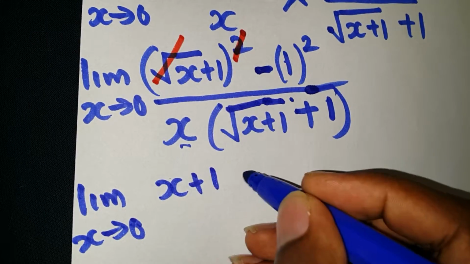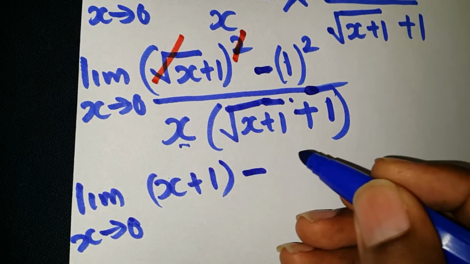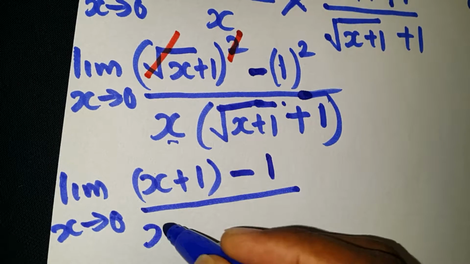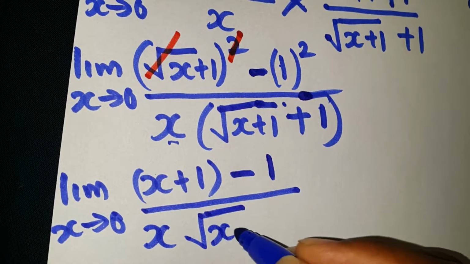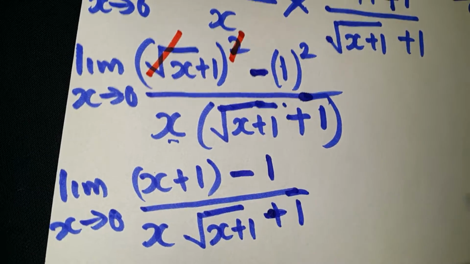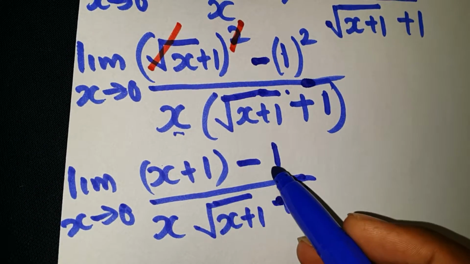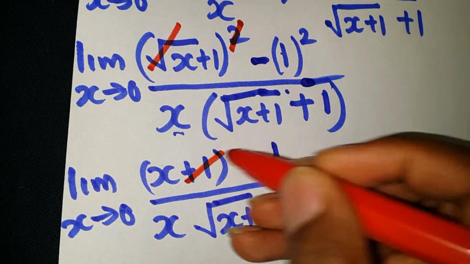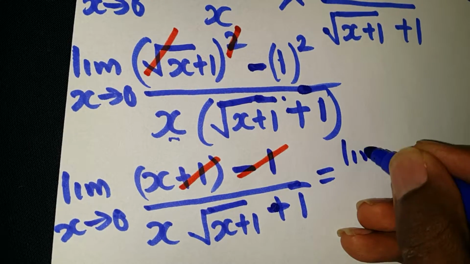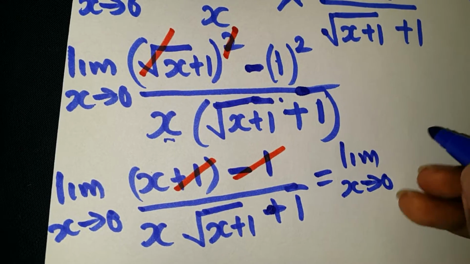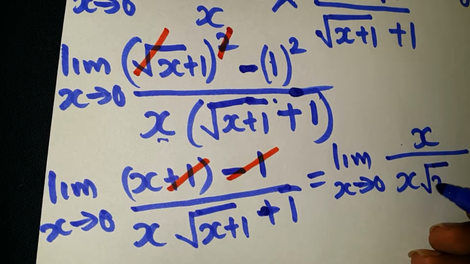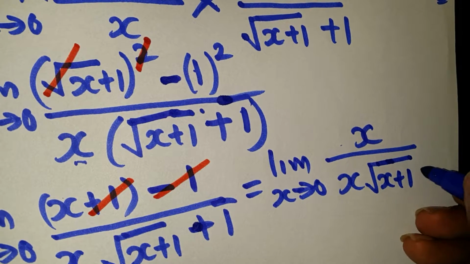X plus 1 minus 1 squared is 1, divided by x times root x plus 1 plus 1. Yes, so we have positive 1, we have negative 1, so they will also cancel. This will cancel with this. So we have the limit as x tends to 0 of x divided by x times root x plus 1 plus 1.